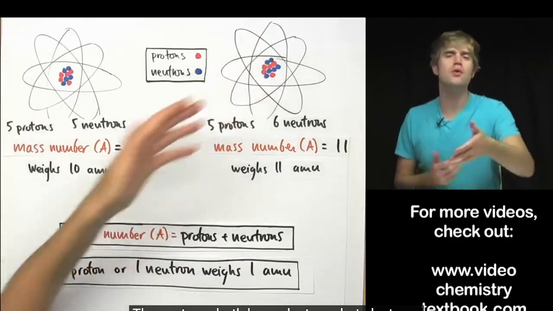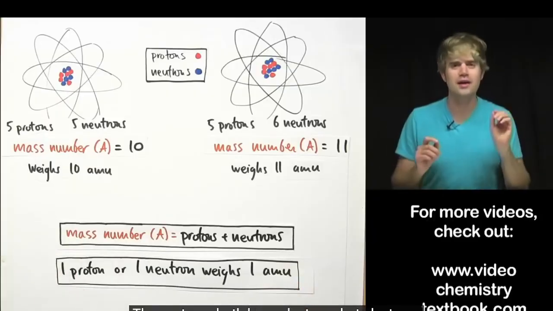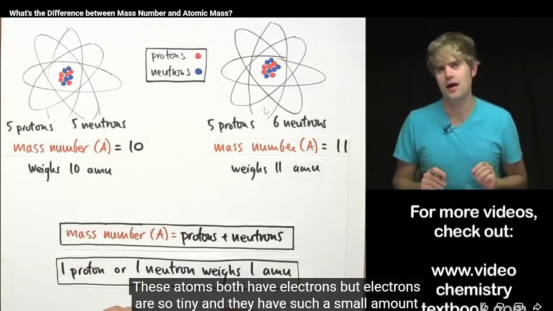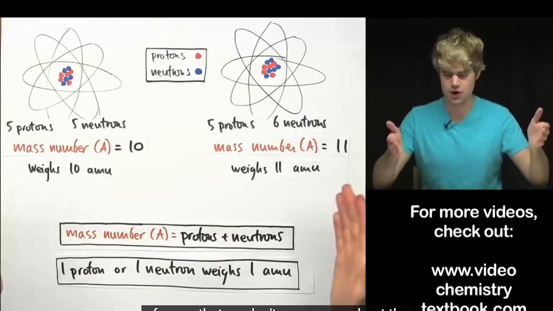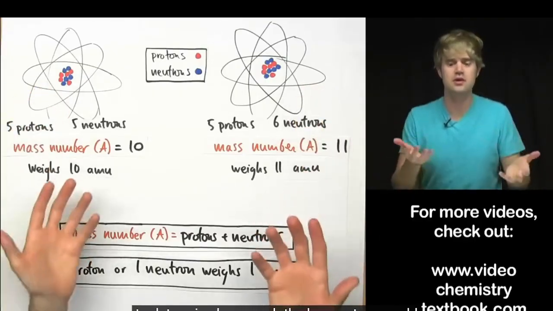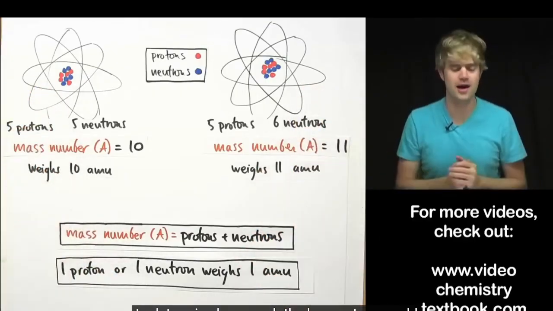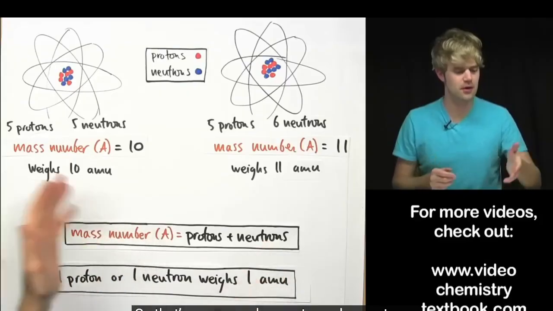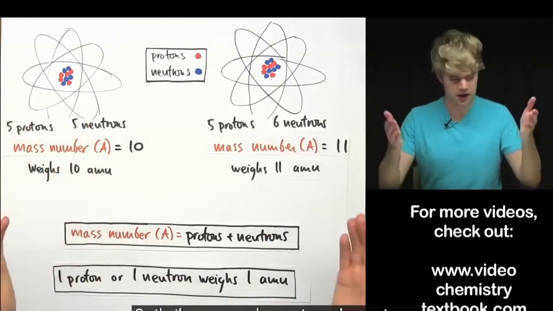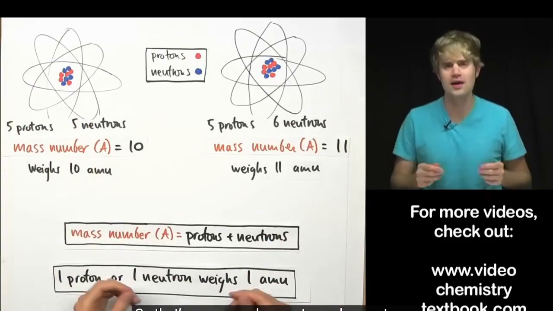These atoms both have electrons, but electrons are so tiny and have such a small amount of mass that we don't even worry about the mass of electrons when we're weighing up how much the larger atom would weigh. So 10 AMU, 11 AMU. So that's mass number: protons plus neutrons, and it gives you an idea of how much the atom weighs in AMU.